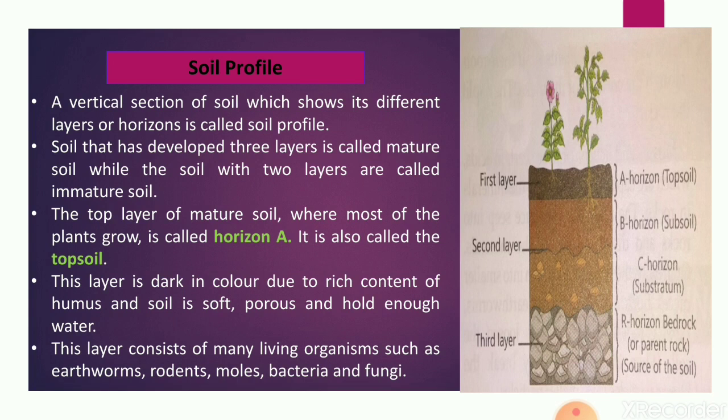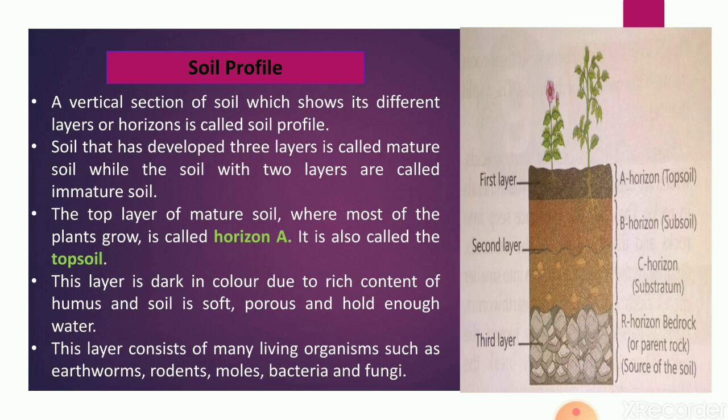Generally the topsoil is rich in humus, and we know why: all the organic matter, means dead plants and animals, is present on the soil surface, where the process of decomposition takes place. So humus is formed in that layer only. That is why topsoil is rich in humus and darker in color.